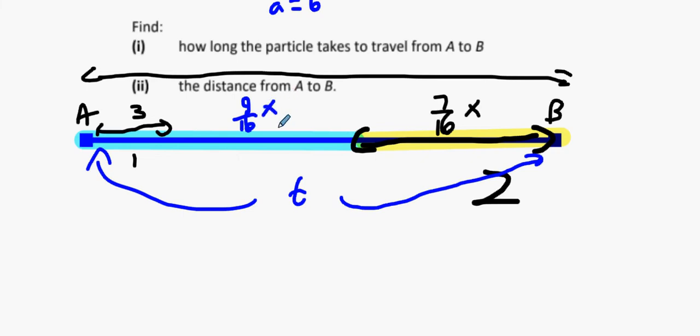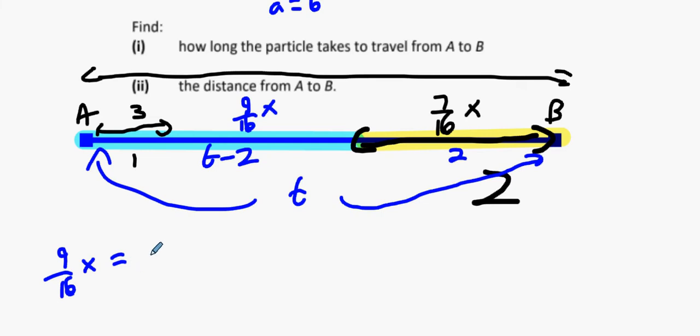So let's do 9/16 of x, and that's with a time frame of t minus 2. T is your total time, take away 2 seconds for the very end, so this would be a time frame of t minus 2.